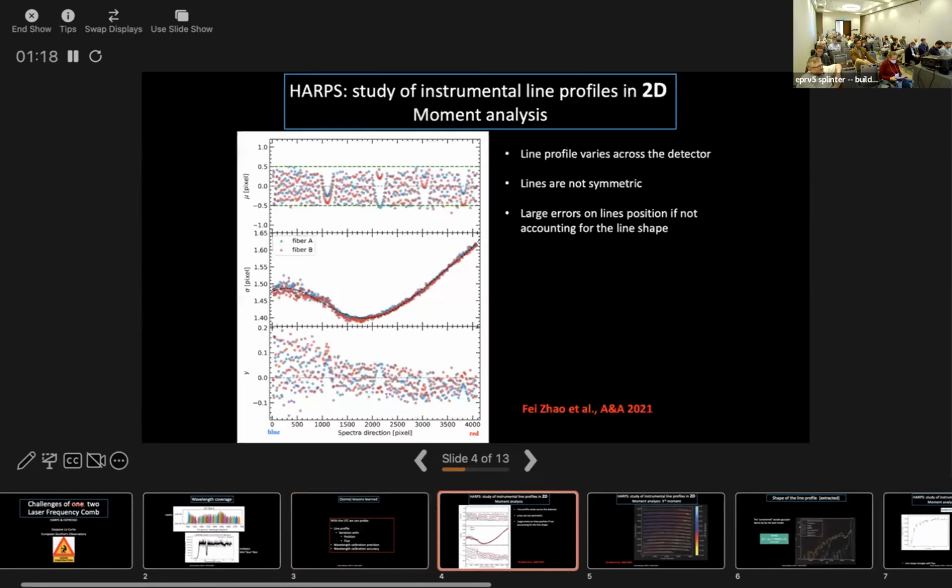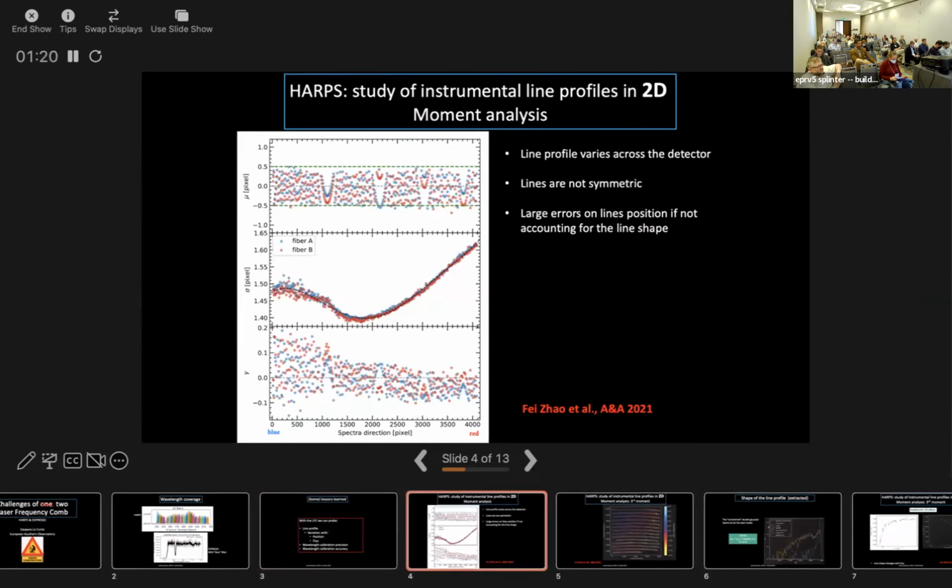Which is quite different. So first thing, this is just a moment analysis of the laser frequency comb lines in the detector. There is no extraction here. We are just looking at the raw data of one specific order. On the top is the first moment, the second moment, and the third moment, which expresses the asymmetry of the lines. So we learned several things here.